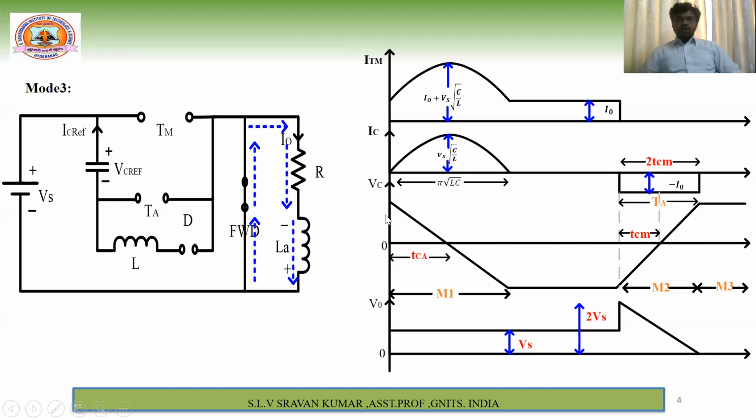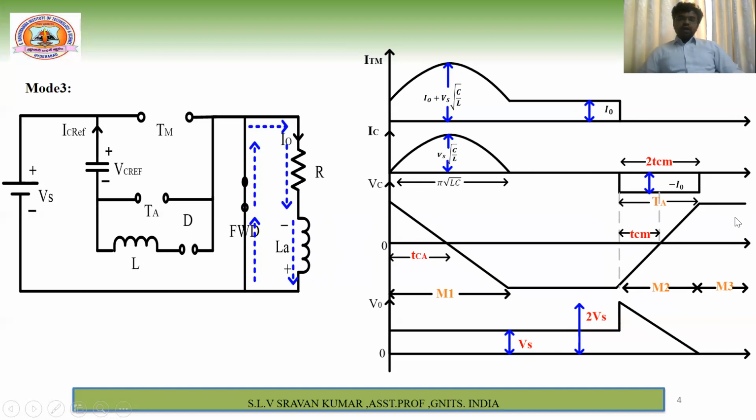That means opposite. See here, for the main thyristor, the current is positive and the voltage is negative. So for the auxiliary thyristor, TA, the current is negative, which means the voltage should definitely be positive, because it is opposite. Okay, right? So whenever you switch on your main thyristor here, the voltage slowly reduces.